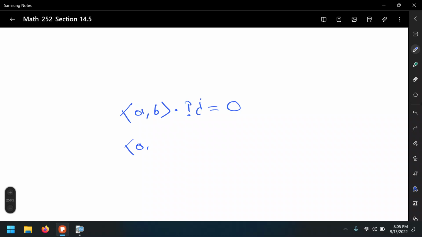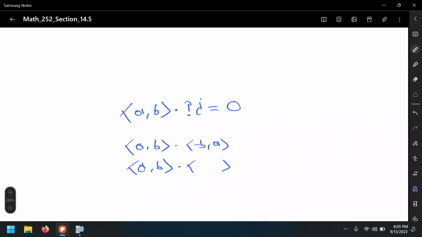There are two possibilities, actually. The number 1 possibility is negative B, A in this case, because we want this to add up to 0.